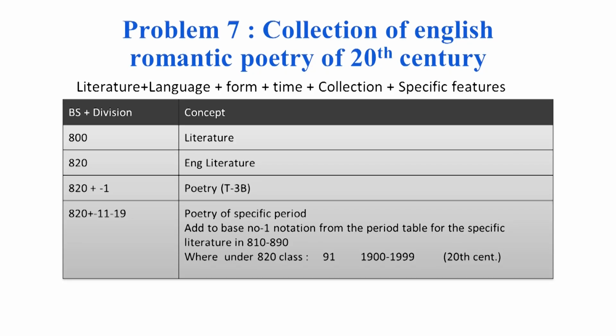So we have to search and go to table 3B. From there you will see dash 1 is equal to poetry. Then we need more numbers, so we have to add the time notation here. For time notation we have to see 820 plus dash 11 dash 19.